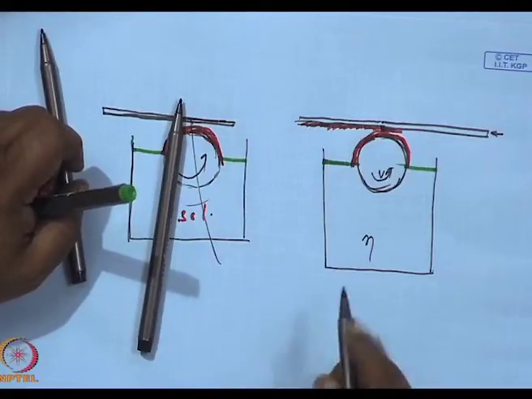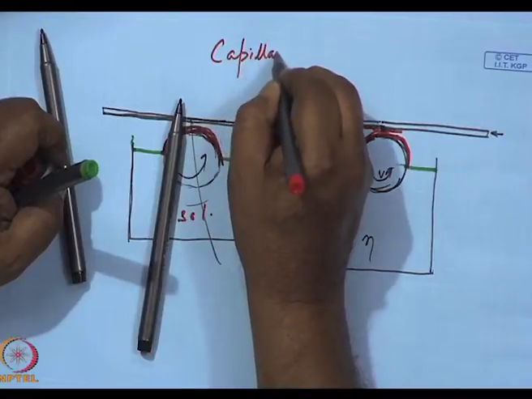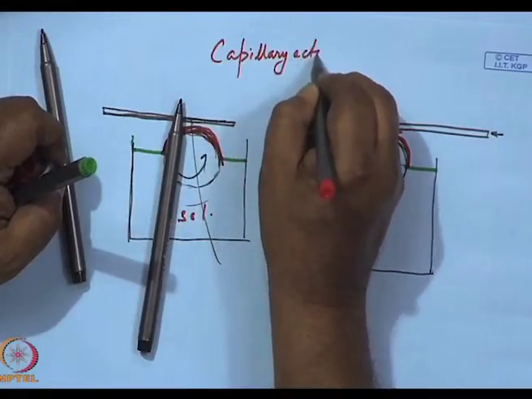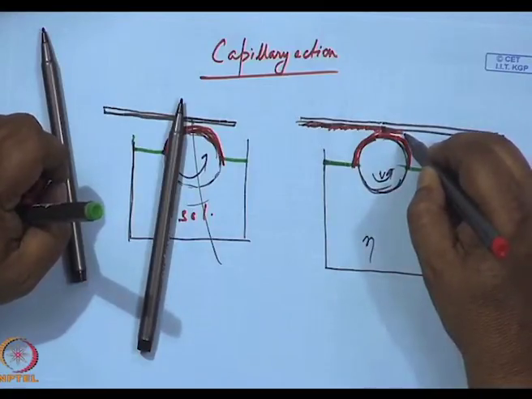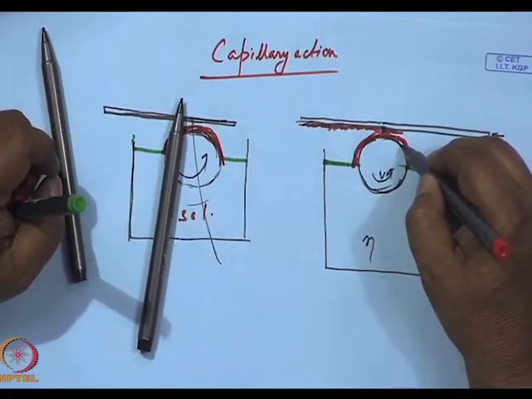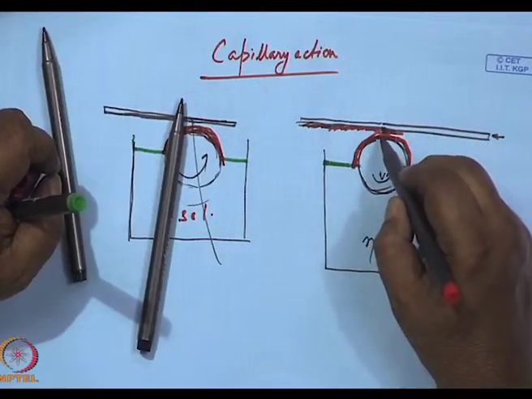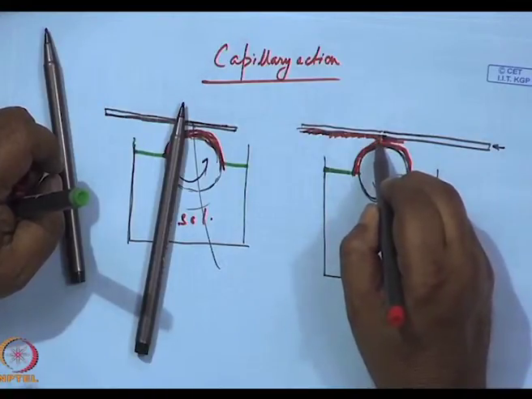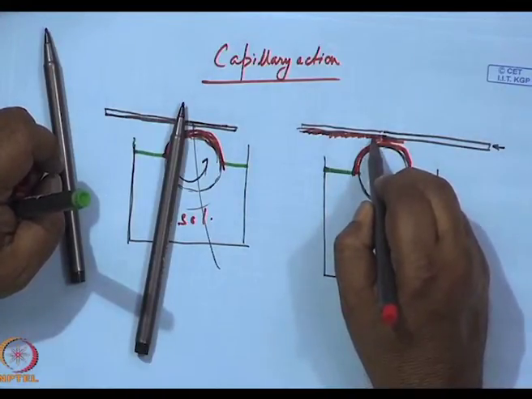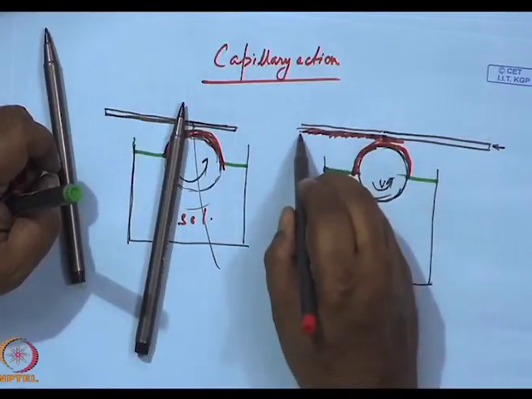Now, this is due to capillary action. I had brought the substrate surface close enough to this meniscus so that the liquid, due to the surface tension, covered the substrate, got in touch with the substrate, and the substrate surface got coated.